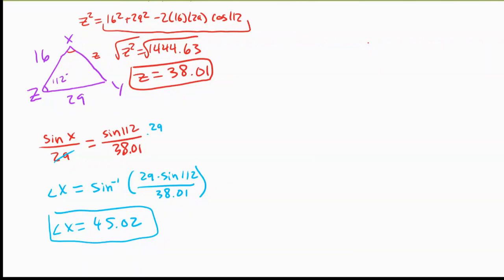So 180 minus 112 minus 45.02, which gives me my final angle, which is angle y, is 22.98. And again, all these answers are really just rounded, so none of them are exact. But there's my first triangle solved.